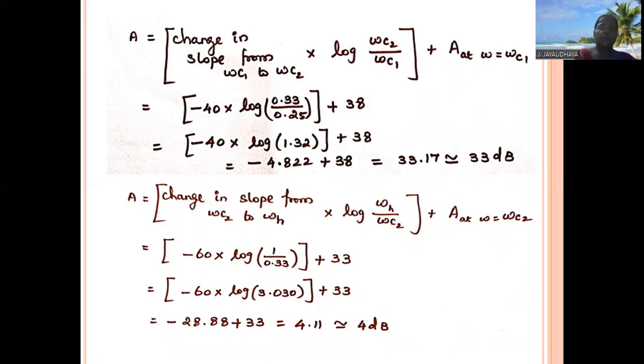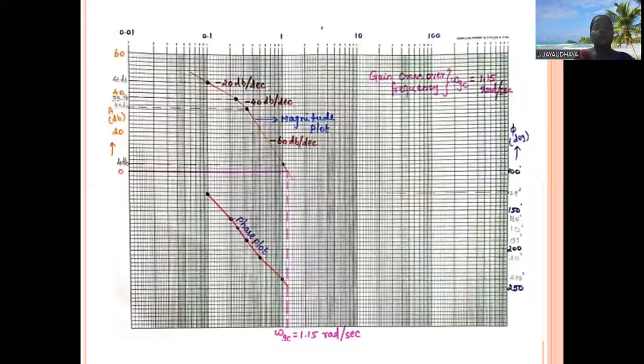Then for 1, your magnitude value is 4 dB. All the values are positive. Okay. So for different values of omega, I mark the values. Then after marking the points, using a scale, I construct the magnitude plot.